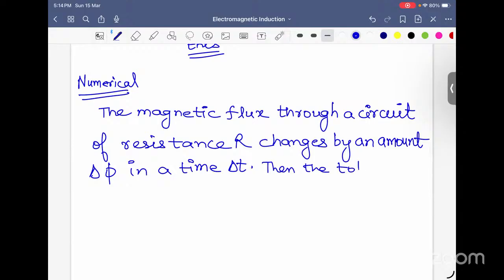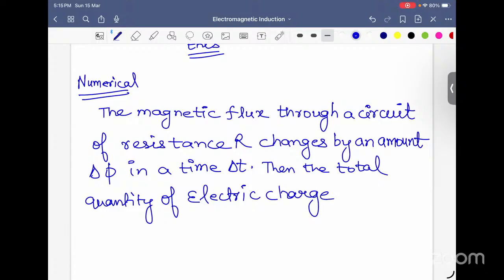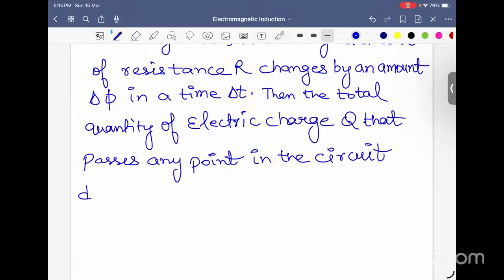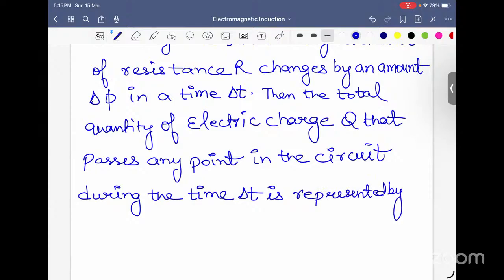Then the total quantity of electric charge Q that passes any point in the circuit during time delta t is represented by what?